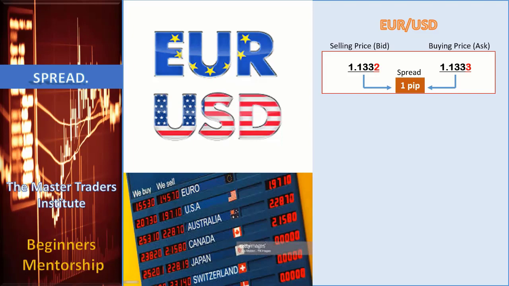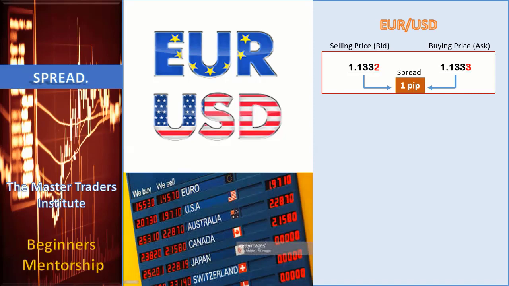The difference between the amount the bank buys that currency and the amount they sell the currency is what we call the spread. Now, the broker will always give you two quotations for a particular currency pair. The first quotation is the selling price, and the second one is the asking price, which is the buying price. So the same thing that banks do is the same thing that brokers do.